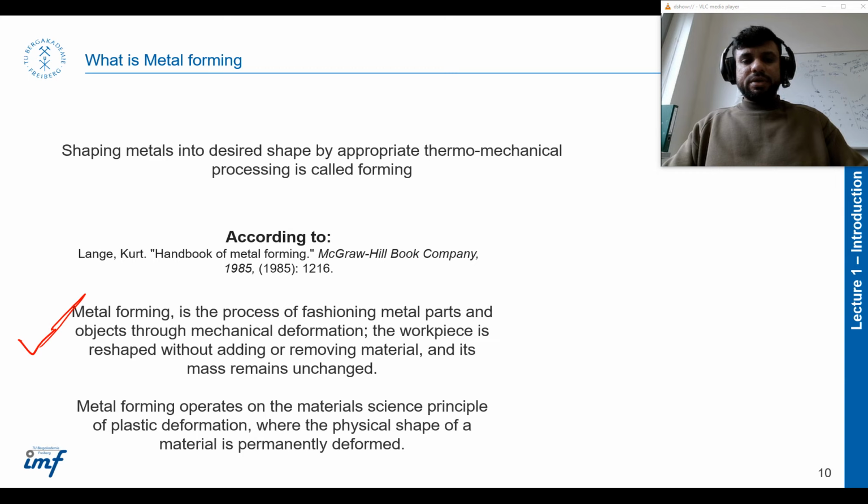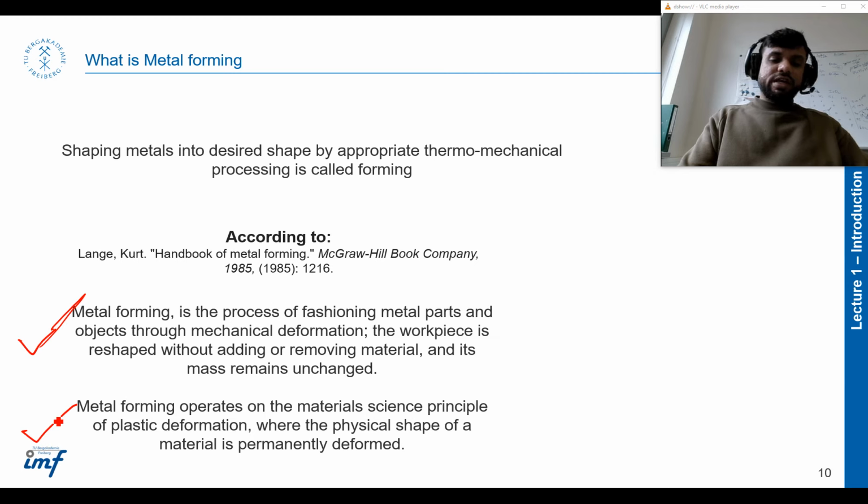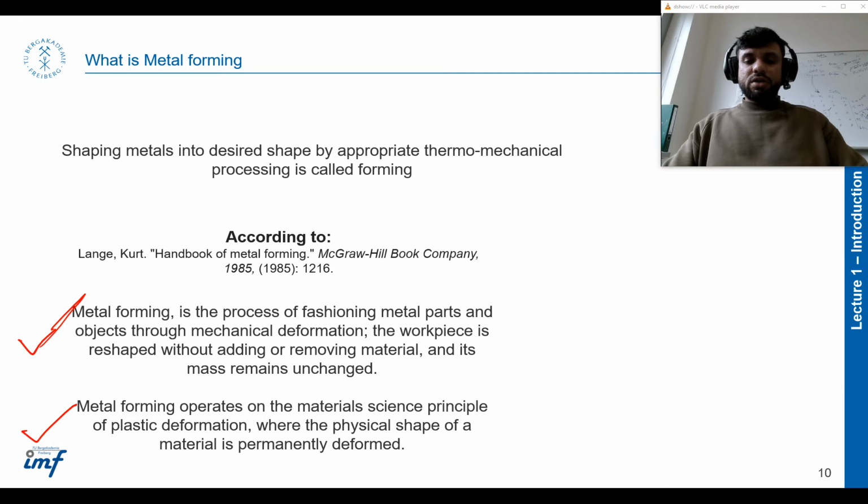The workpiece is reshaped without adding or removing material, and its mass remains unchanged. Or we can also say that metal forming operates on the material science principle of plastic deformation, where the physical shape of the material is permanently deformed into the desired shape.